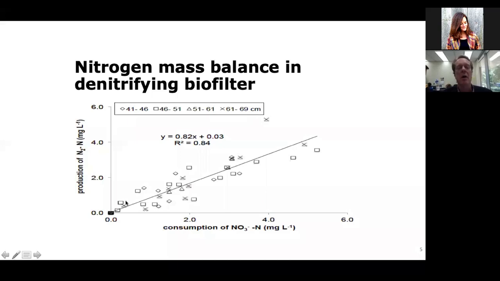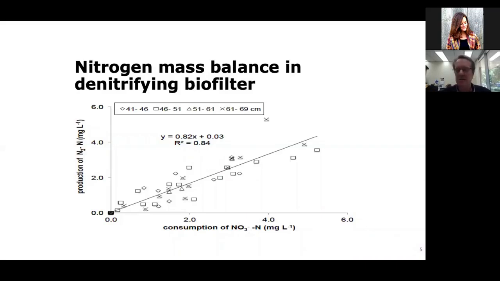This particular set of data shows that for every milligram of nitrate consumed, 0.82 milligrams of dinitrogen, or nitrogen that's in the air, are produced. So it's not quite a 1-for-1.